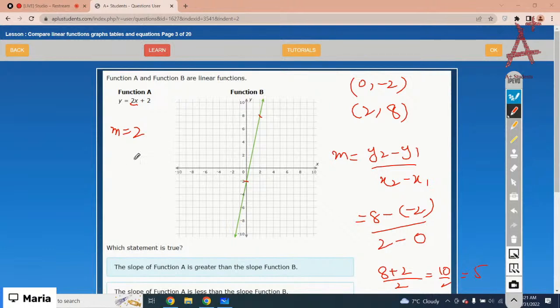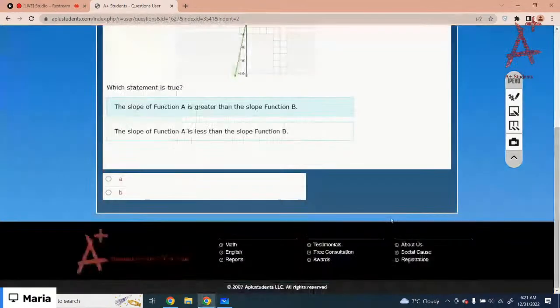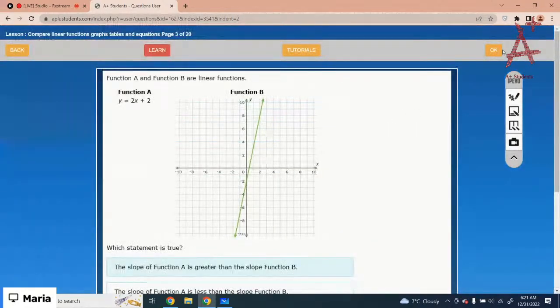Now the slope of function B is 5, and so the slope of function A is less than the slope of function B. Option number 2 is the correct option. Got it? The slope of function A is less than the slope of function B. So just select the correct option, then click on the OK button.